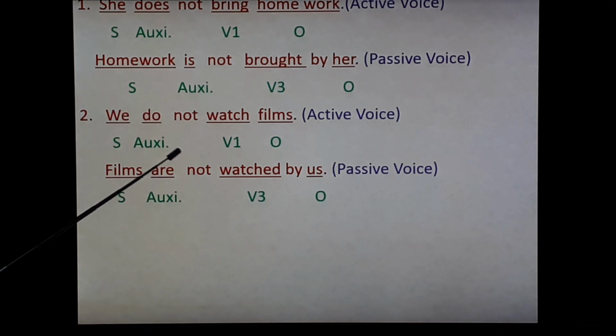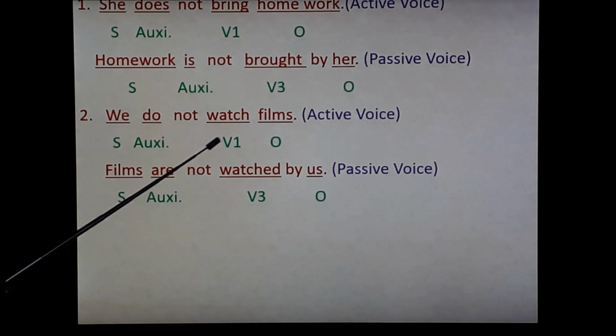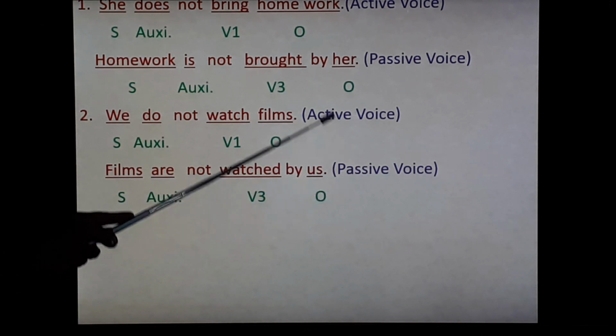Films are. Not is given because we are framing a negative sentence. And then the V3 form of the main verb watch, that is watched. Then by, and we becomes us in passive voice. So this way: films are not watched by us. This is the passive voice of this active.